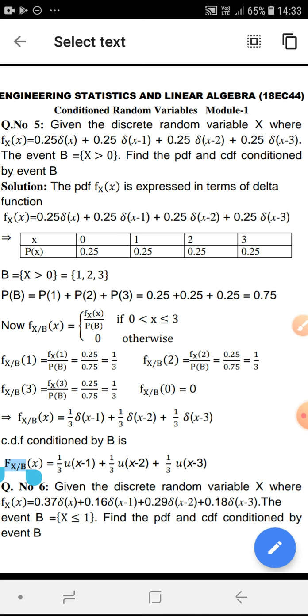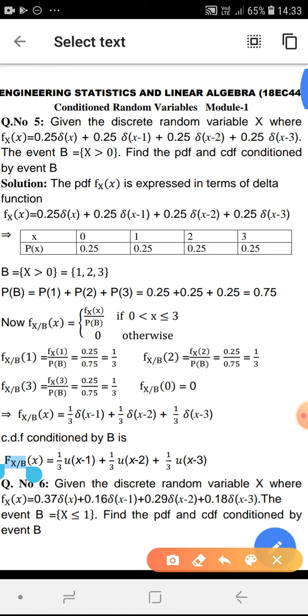Here x is greater than 0, not equal to 0, so 0 is not included because conditioned by B means x should be greater than 0.